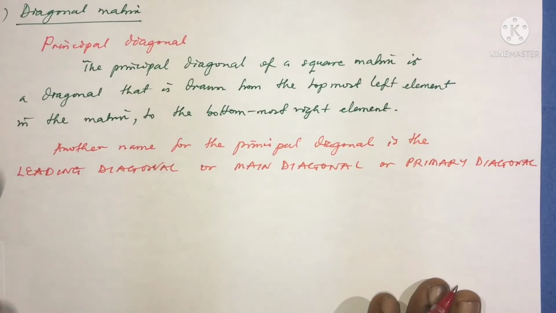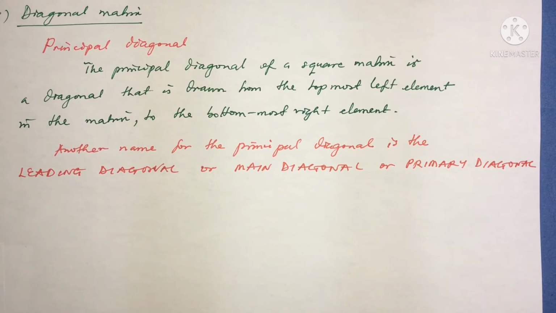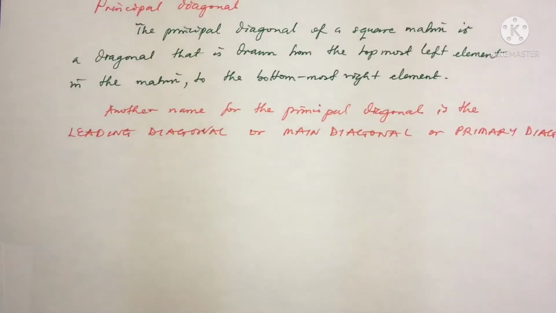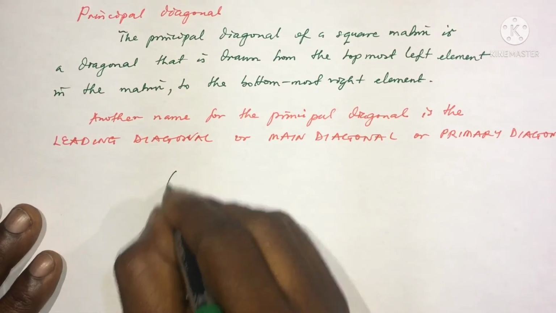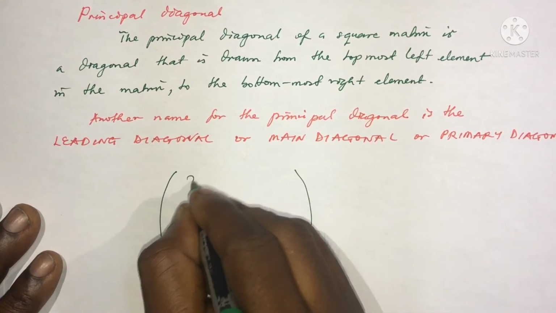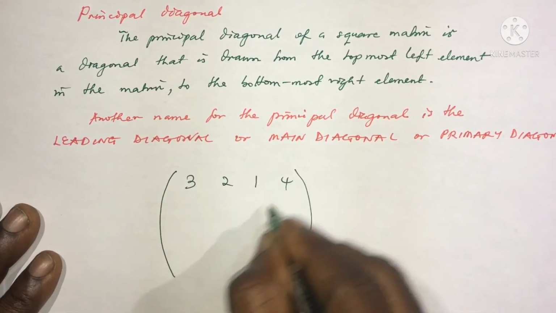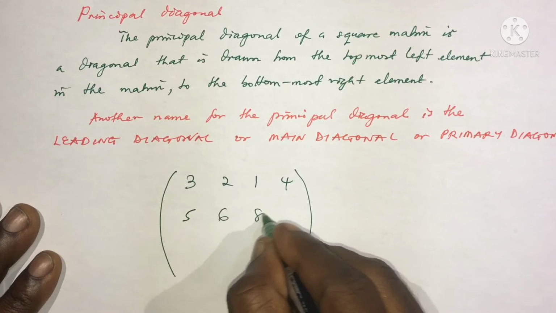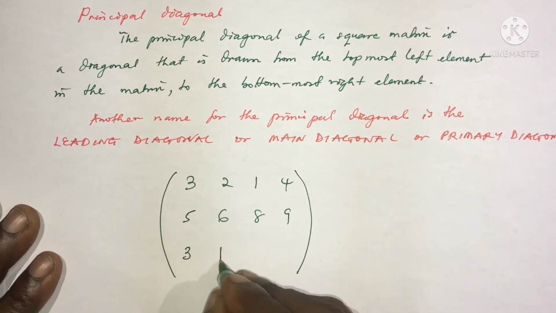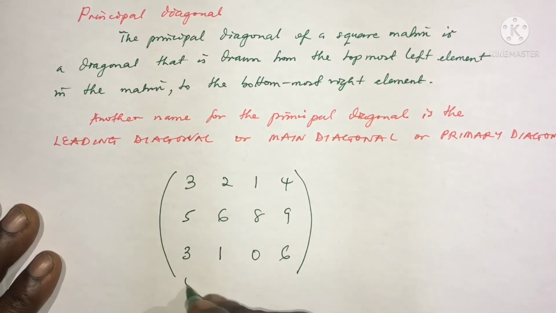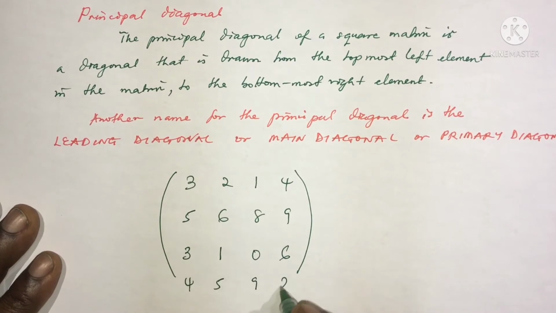So the principal diagonal of a square matrix is this diagonal over here. Let me write this: 3, 2, 1, 4, 5, 6, 8, 9, 3, 1, 0, 6, 4, 5, 9, 2.